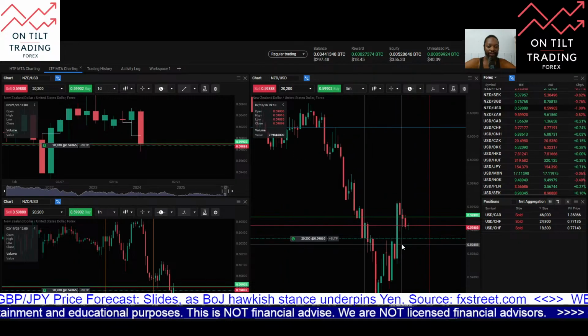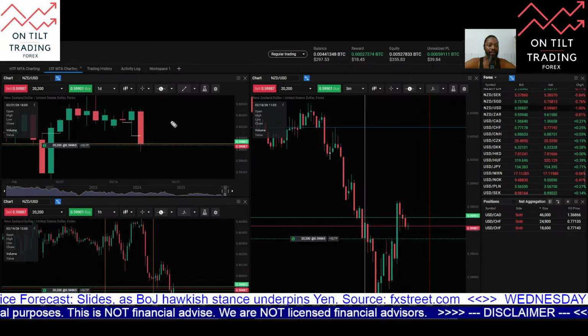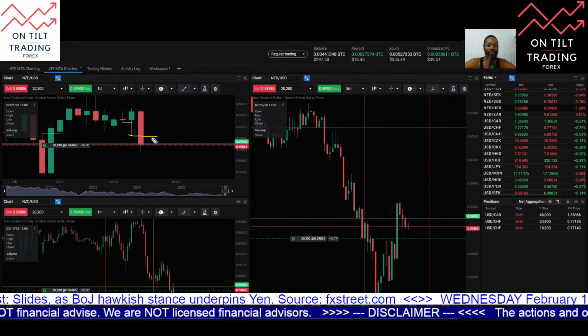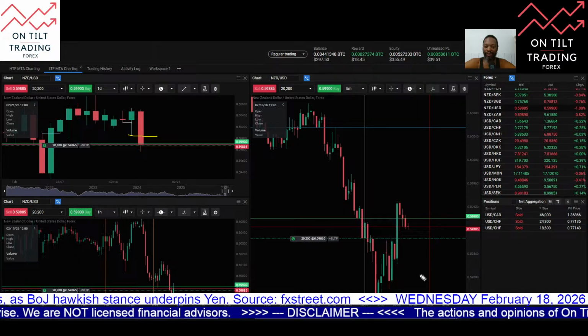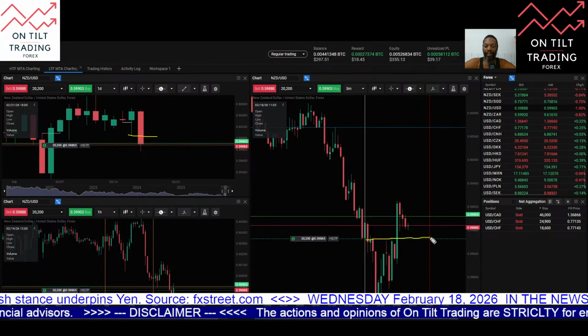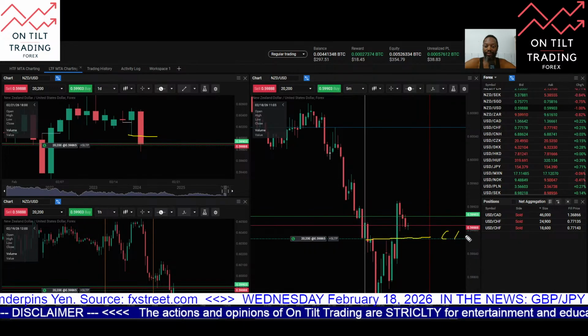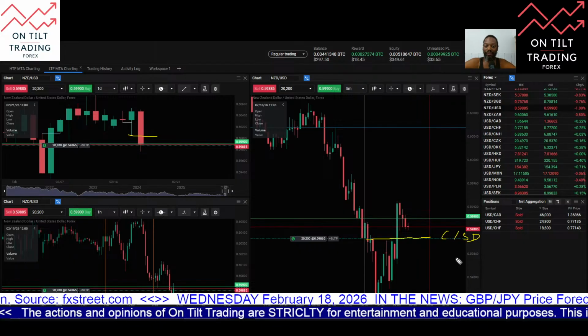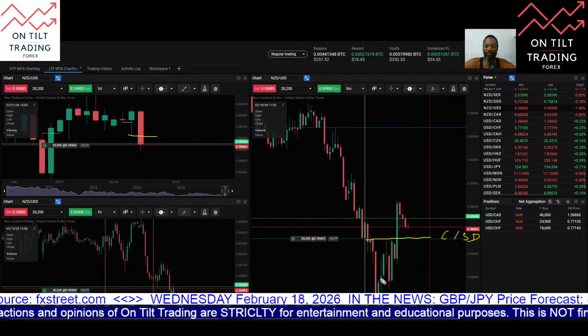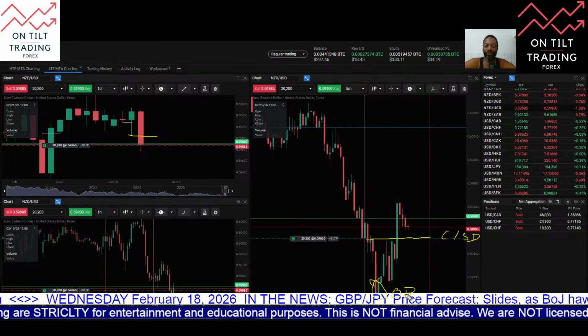Now it's just a matter of pullback. Again, a sweep and a raid of liquidity on the daily chart. And then where my entry is here, this is the change in a state of delivery level that would make this candle here my bullish order block.